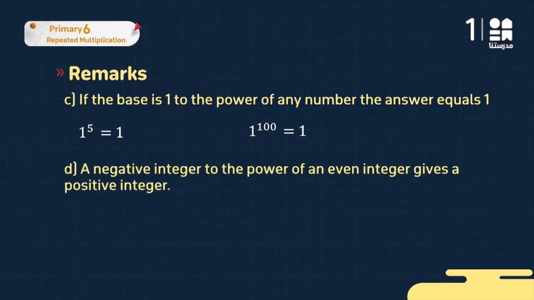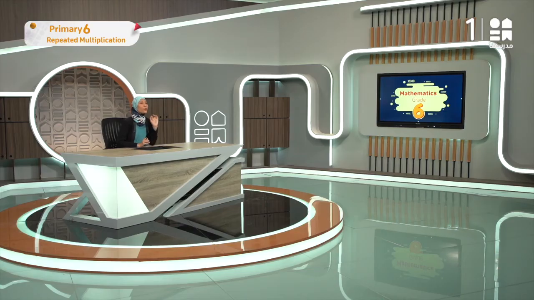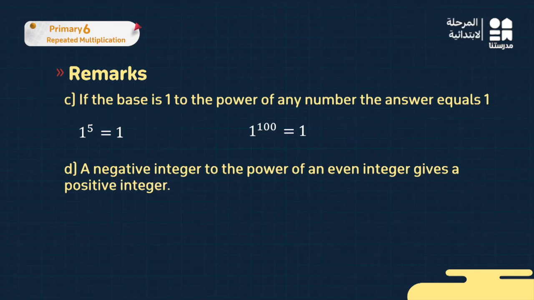If I have a negative integer to the power of an even integer, it's a very important point. Take care. A negative integer to the power of an even integer gives a positive integer. For example, negative 3 to the power of 2 means that I'm repeatedly multiplying negative 3 two times. So negative 3 times negative 3, we already took it in multiplication.